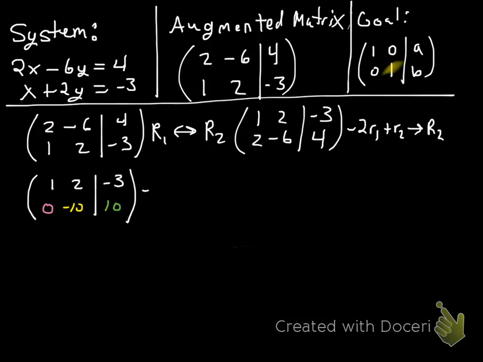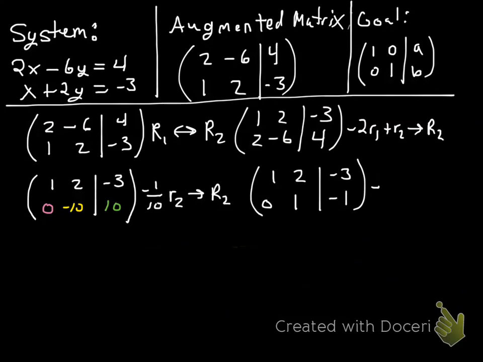What I want now is I want this 1, or this to be a 1 now. So we want this negative 10, we want that to be a 1. And what we'll do is we'll not divide by negative 10, but we'll multiply by the reciprocal, negative 1 over 10. So multiply by the reciprocal. So top row is unchanged.